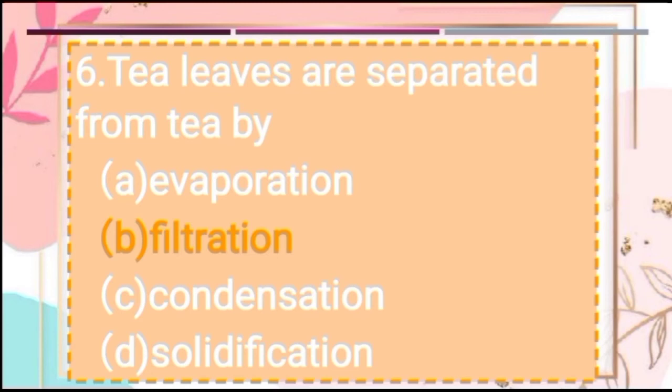On doing so, the liquid passes through the filter paper while the insoluble substances get retained on the filter paper. So the answer is filtration, because an example of filtration used at home is the separation of tea leaves from tea using strainer.